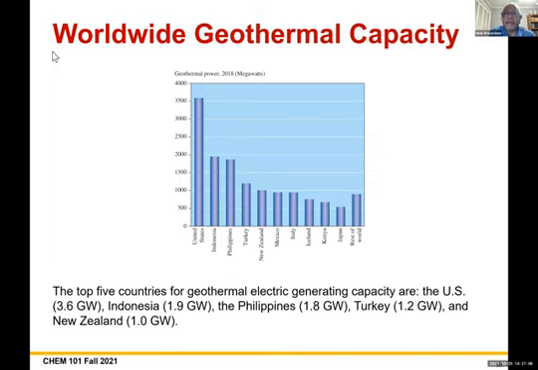Geothermal energy is the energy from volcanic heat trapped underground, producing steam. The top 5 countries by geothermal power capacity are the US, Indonesia, Philippines, Turkey, and New Zealand. So the first is the United States.